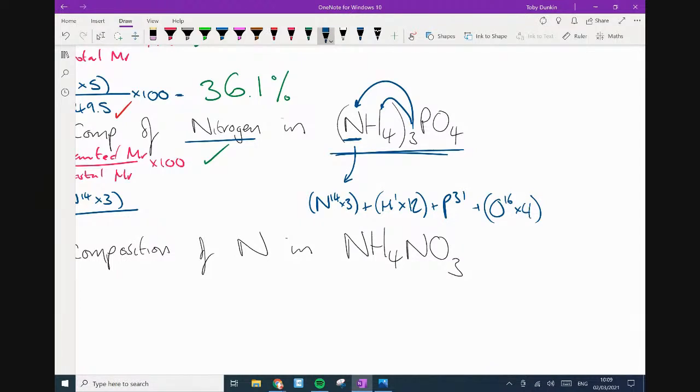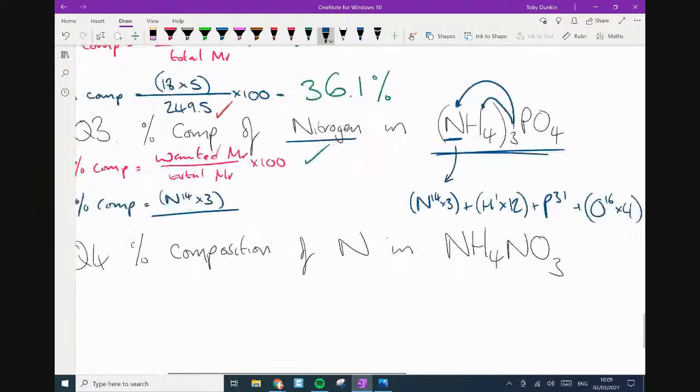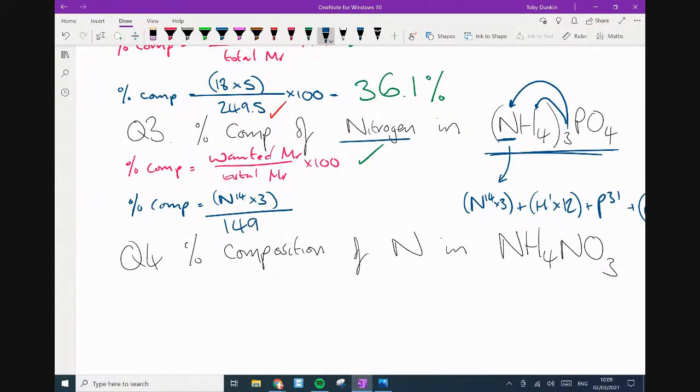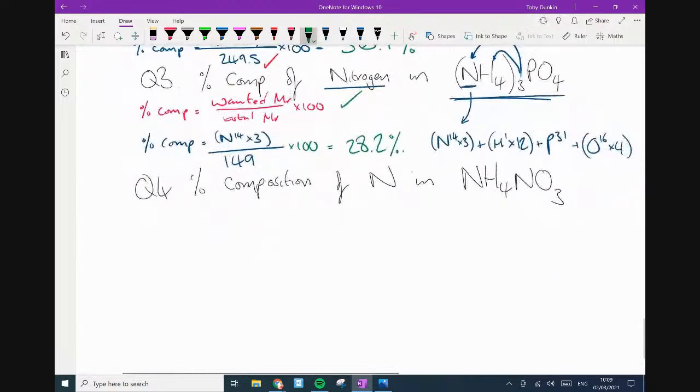Go. 149. So over here I put 149. Tick for that number. So 14 plus 14 plus 14 equals 42. So 42 over 149 times 100 gives me 28. Final answer. Don't forget the times 100 in your equation. 28.2%. Tick it if you got it.